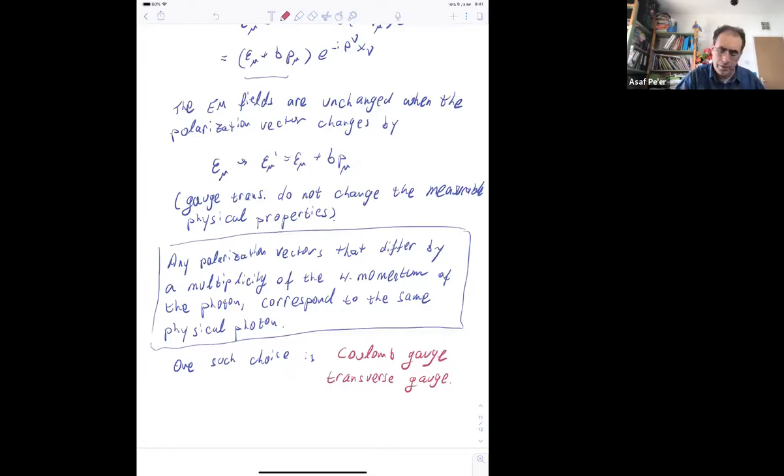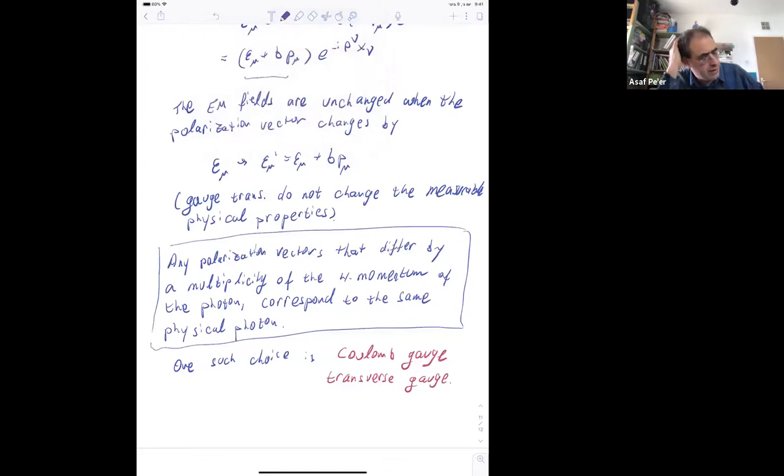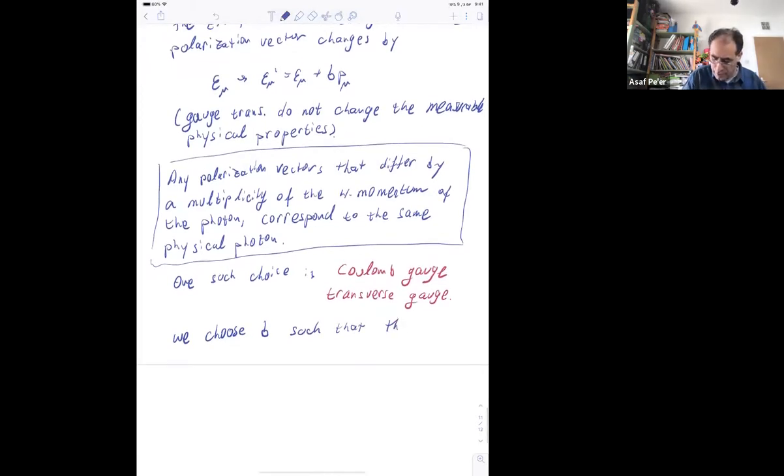We choose b such that the time-like component, the zeroth component of ε^μ, is 0.